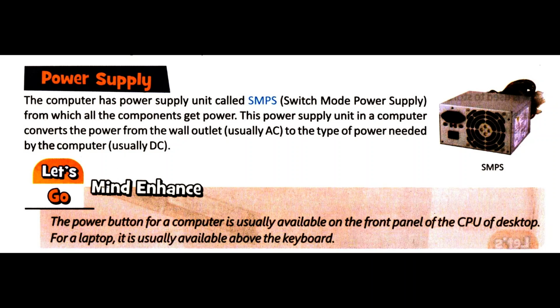The power supply to which our system or a computer is connected is a source of alternating current. So the system needs to convert that alternating current into the direct current for the proper function of the computer. So SMPS is used.